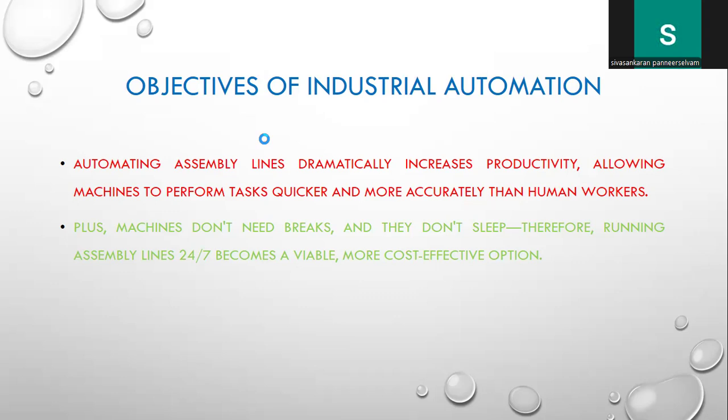The next objective of industrial automation: generally, machines need no break or rest in between, as human beings do. And also they don't sleep. Therefore, running the production process 24/7 has become one of the most viable options in recent times.